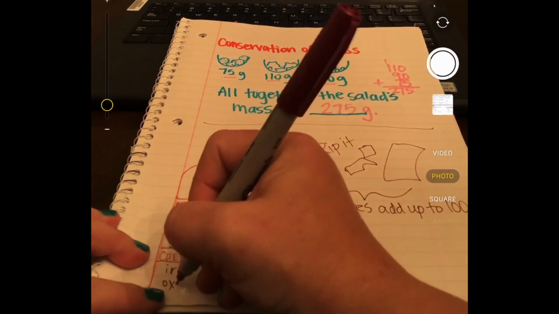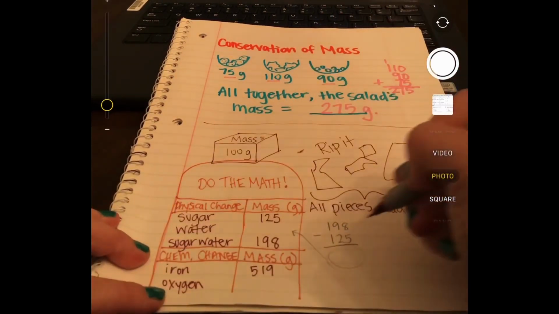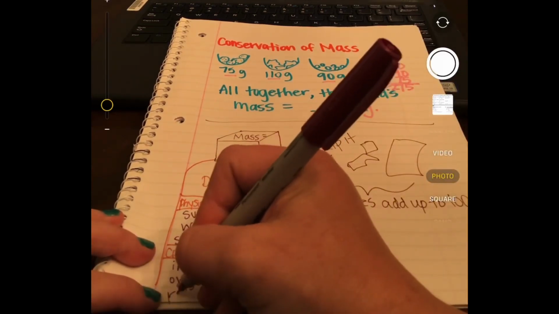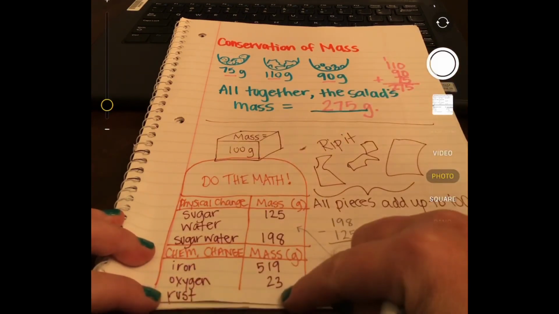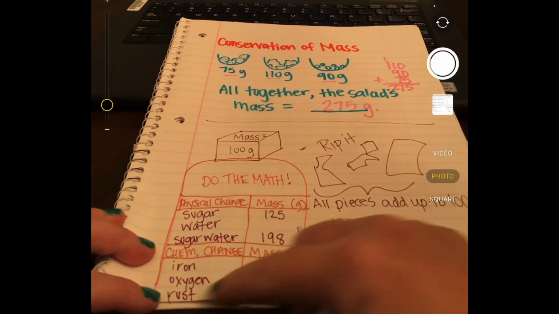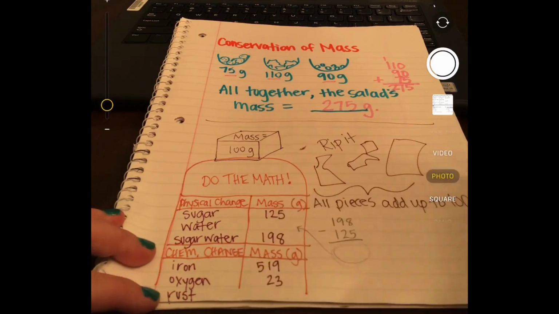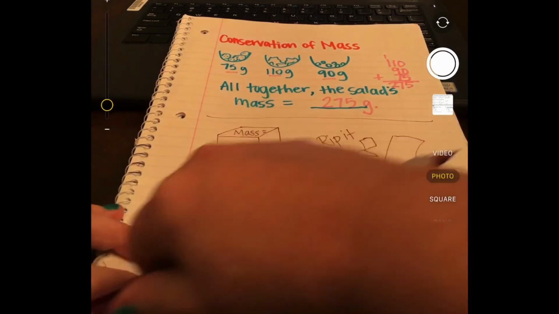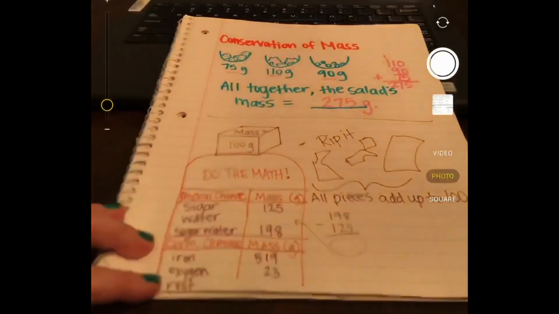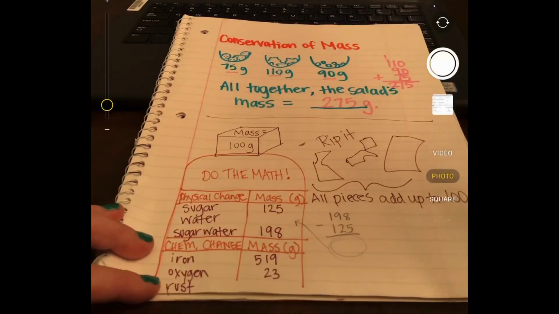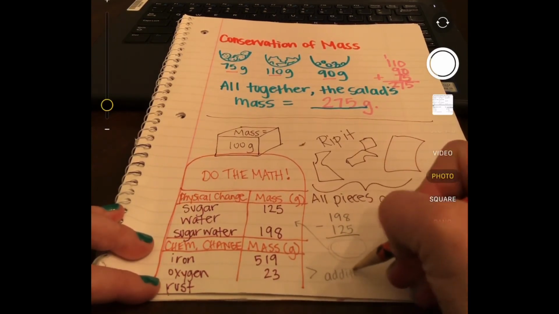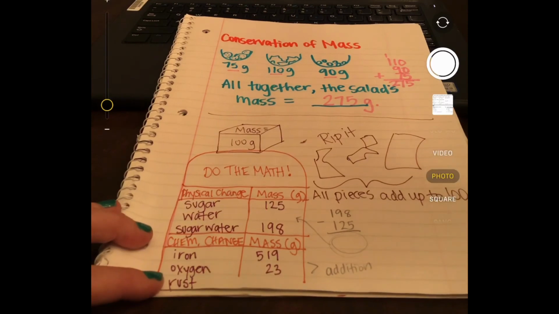And then we have oxygen, that is 23 grams. And I want you to figure out what would be the mass for the rest when you put the iron and the oxygen together. So go ahead and do the math by putting those together, and hopefully you know putting those together means you're adding. So show your addition and put the answer here, and then you're ready to submit your work.